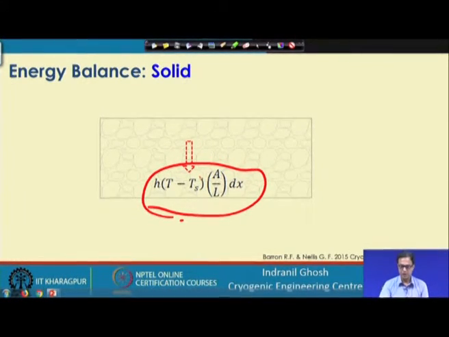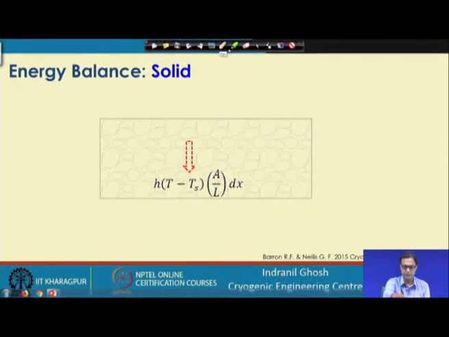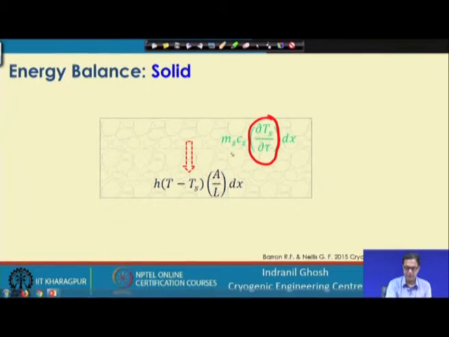So, if we say that the solid is having a temperature Ts, we know that del T by del tau will be the temperature rise, and the energy associated with it is del Ts by del tau, as I told you, multiplied by ms and Cs.